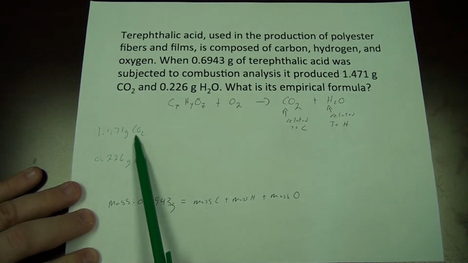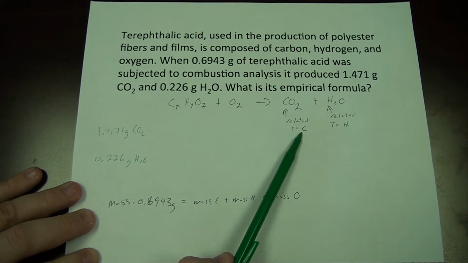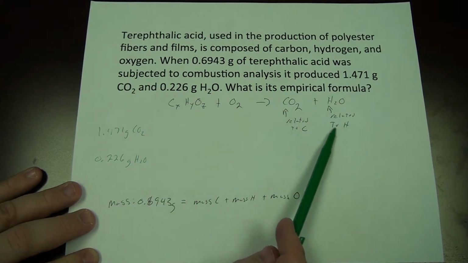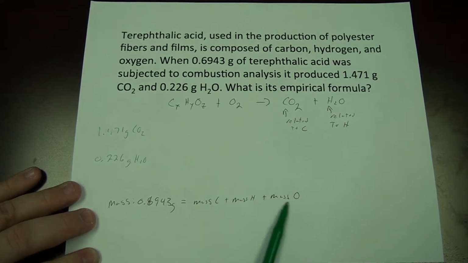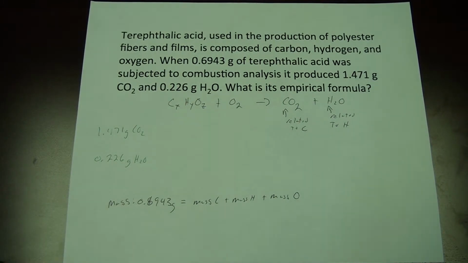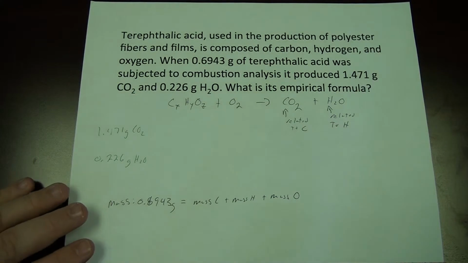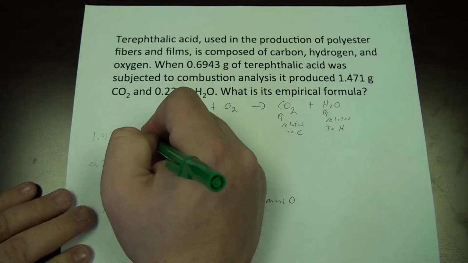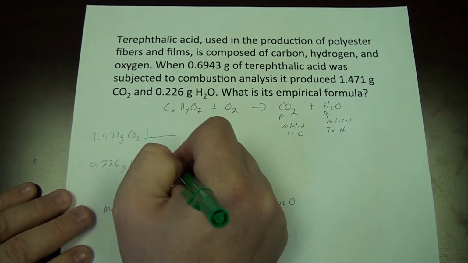The carbon dioxide is going to give us the carbon, the water is going to give us the hydrogen, and then we're going to use this equation to allow us to calculate the amount of oxygen. Right? So the first thing we have to do is convert from mass to moles.